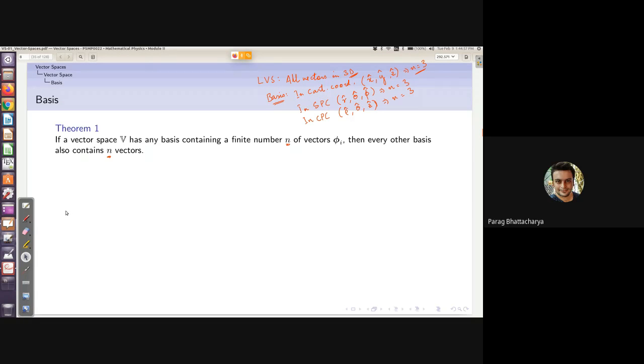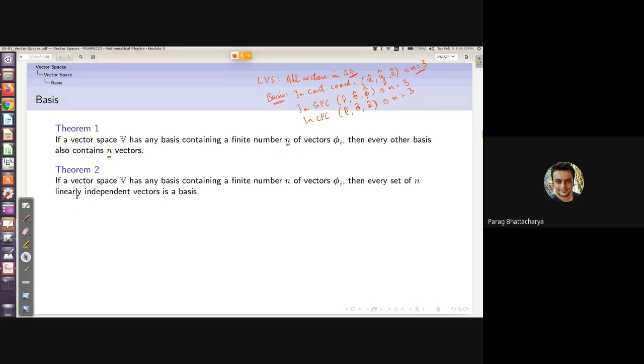Next theorem: if a vector space V has any basis containing a finite number n of terms, then every set of n linearly independent vectors is a basis.